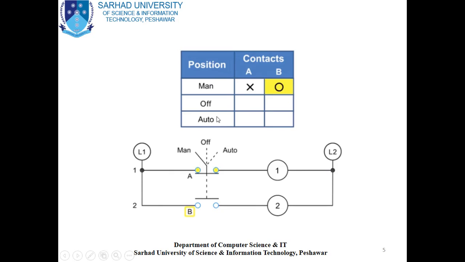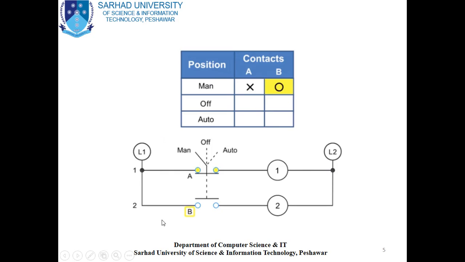Auto means automatic position, and man means manual position. So these are the 2 positions, manual position and auto position. And here we have included the third position which is the off position.